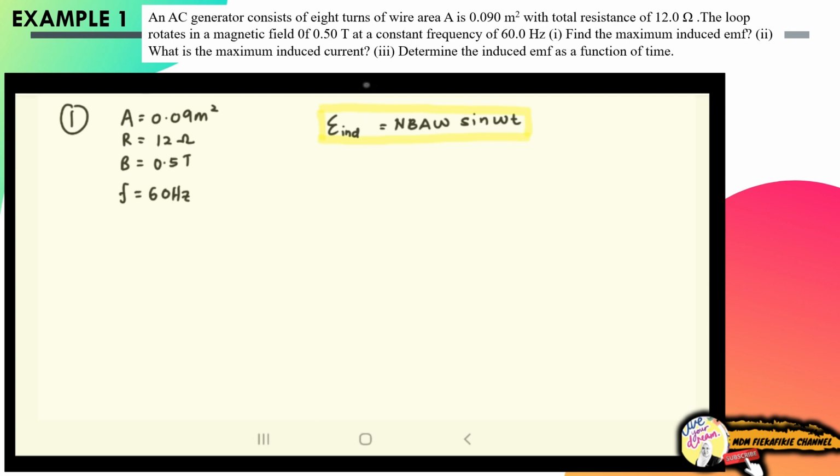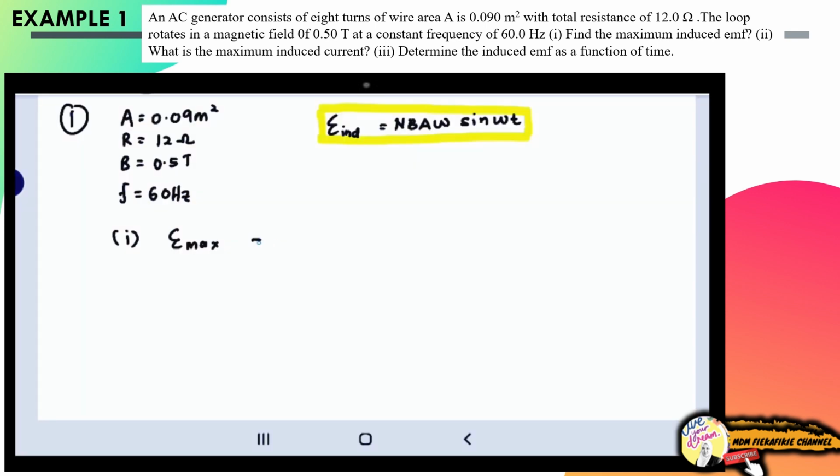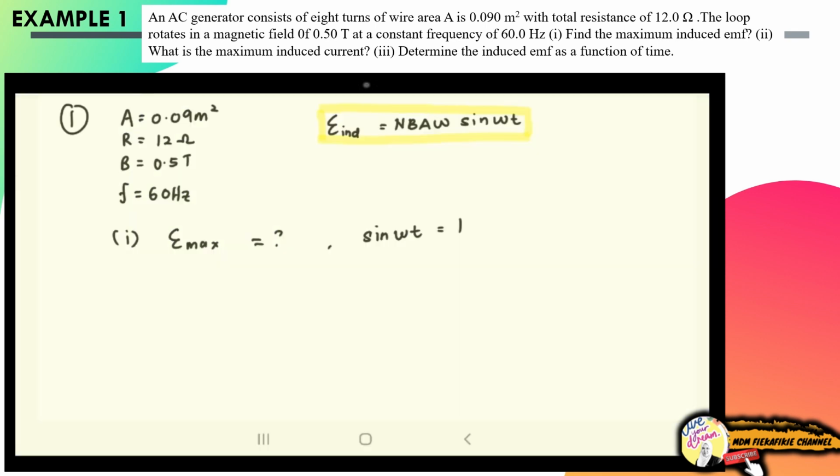Alright, so we can calculate the maximum induced EMF. Question number 1, we want to calculate the maximum induced EMF. The induced EMF will be maximum when sine omega t is equal to 1. So when sine omega t is equal to 1, the induced EMF is maximum.